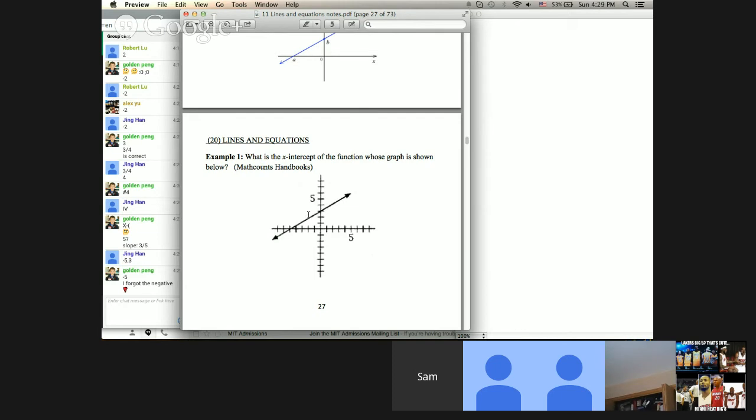So then, what if the question was, what is the equation of the line? So write out the equation of the line for me. You can leave it in the fractional form.